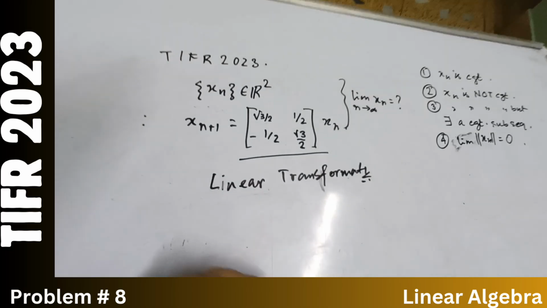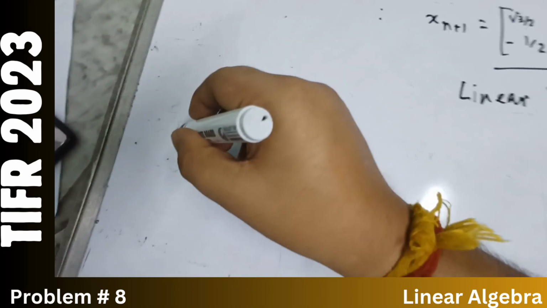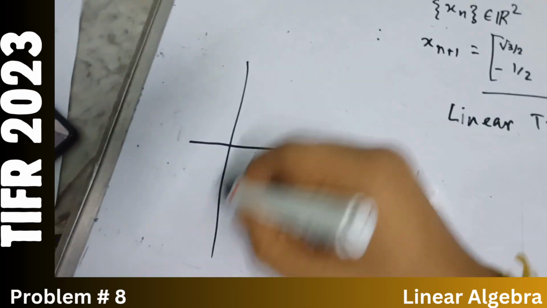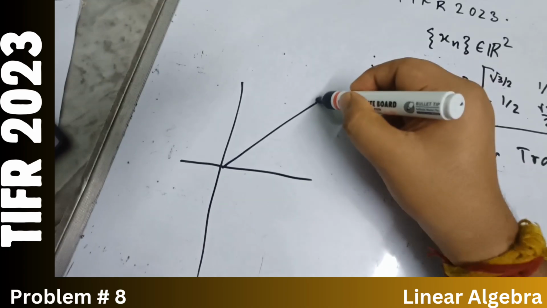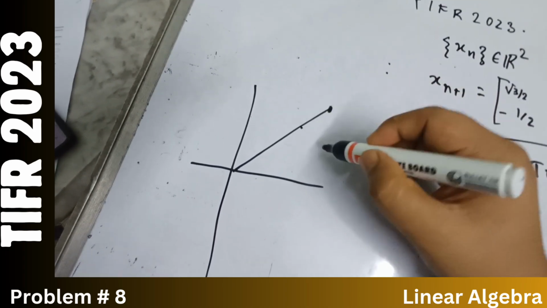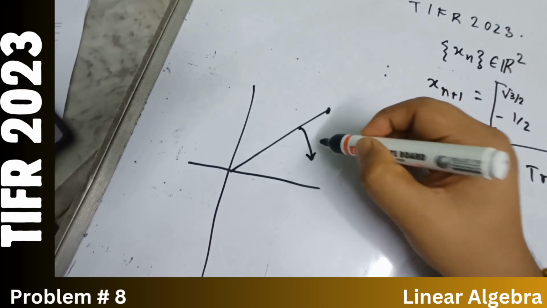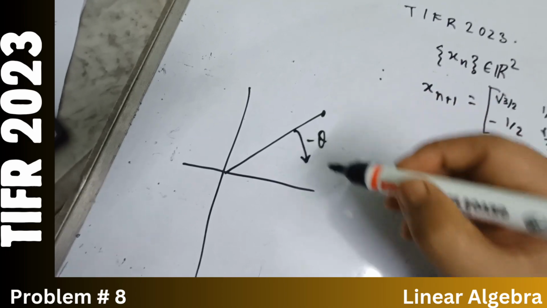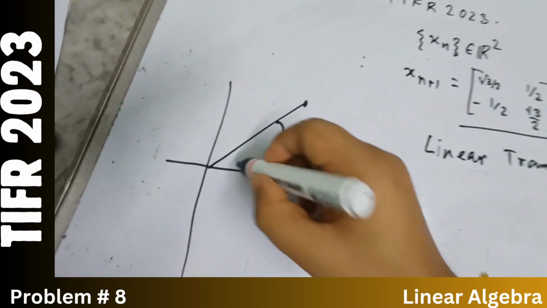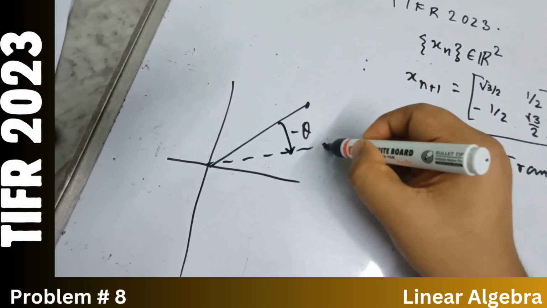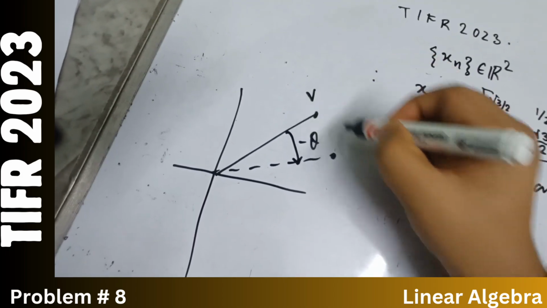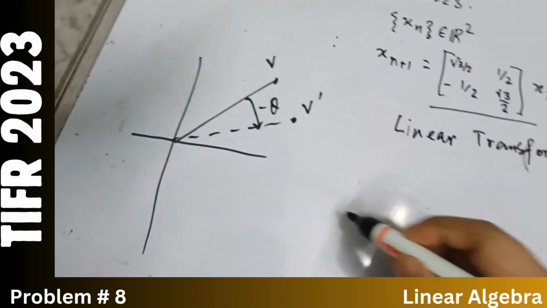If some vector v is given in a vector space V and the entire thing has been rotated by minus theta, we get a new vector v prime.